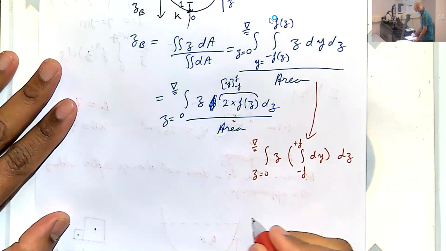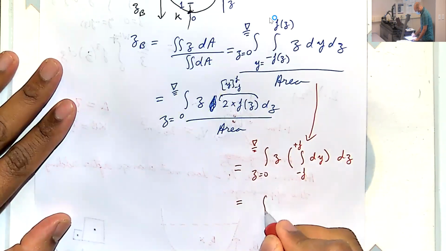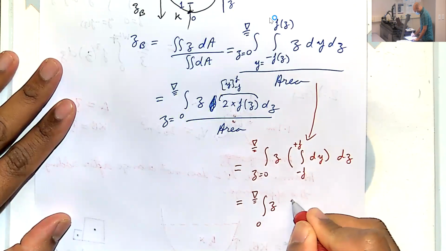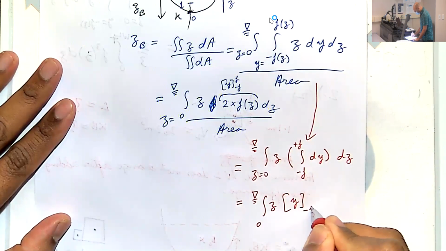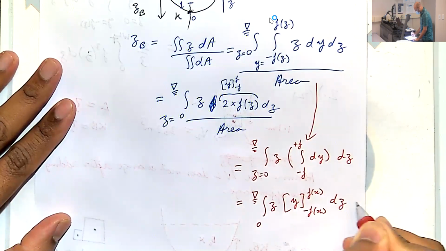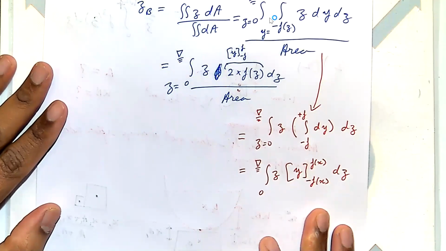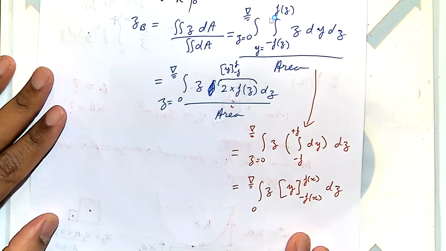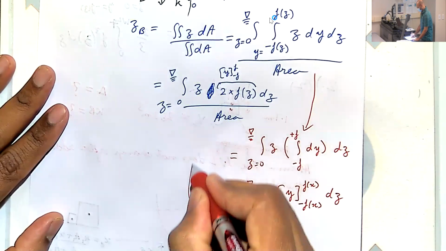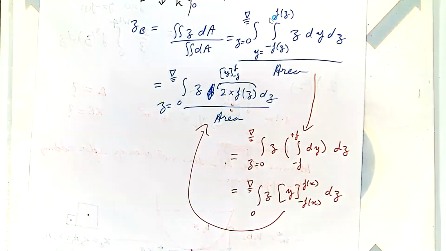Okay, and then, is that better? Oh okay, yeah, you just broke down how you went to the final step. And from here you just get that guy. It's supposed to be f of z, right, not f of x?